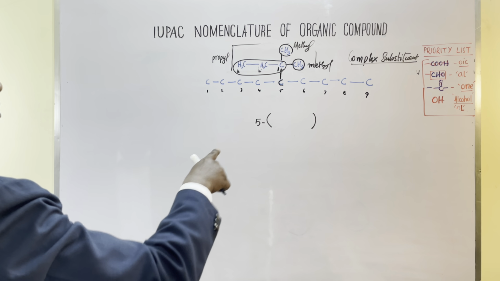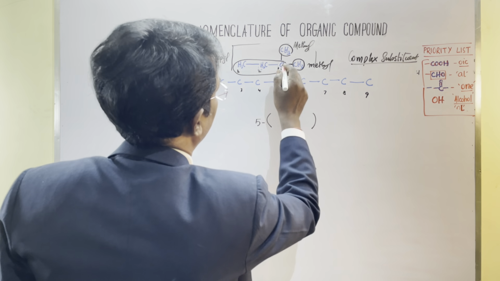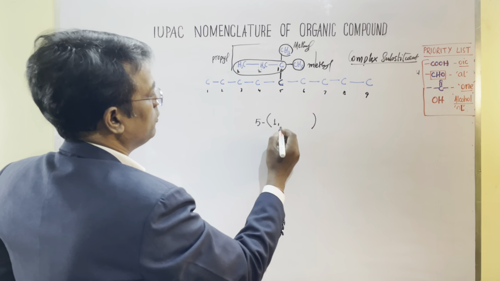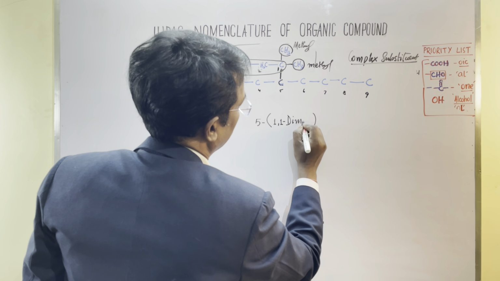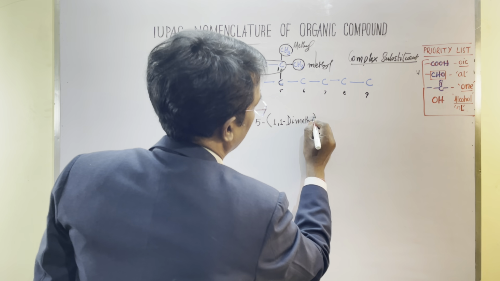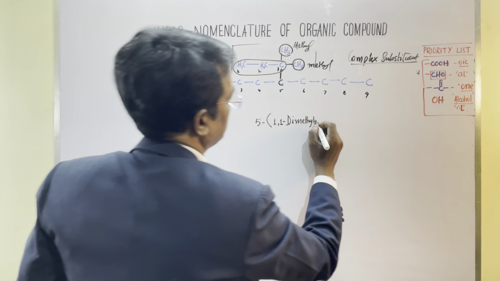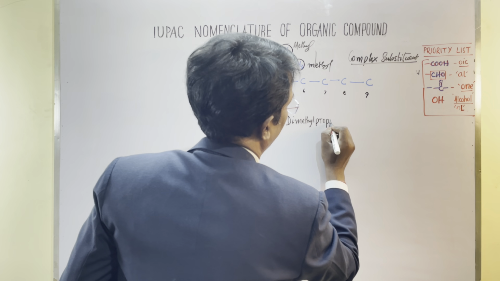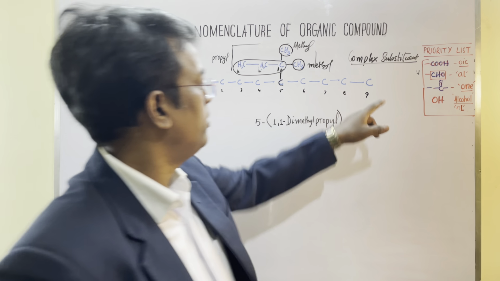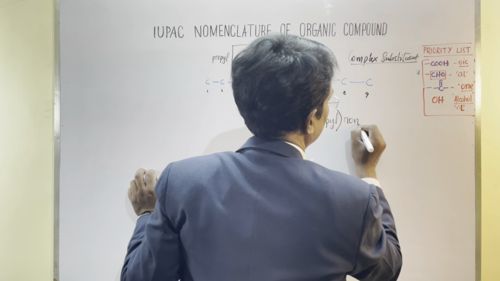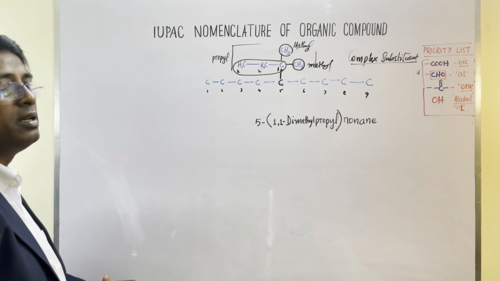Now the position of the methyl groups is 1, 1, because there are 2 methyl groups here. 1,1-dimethyl, then the propyl, bracket close, and the main name nonene. Main name is nonene here.